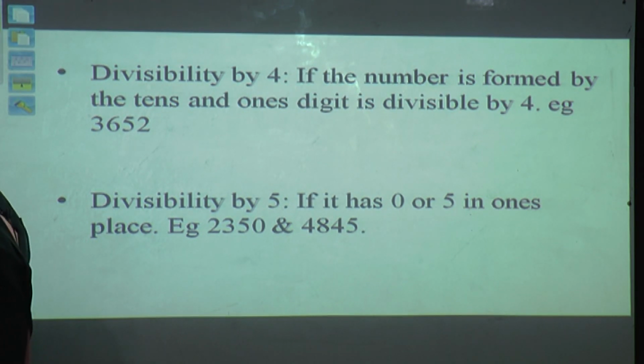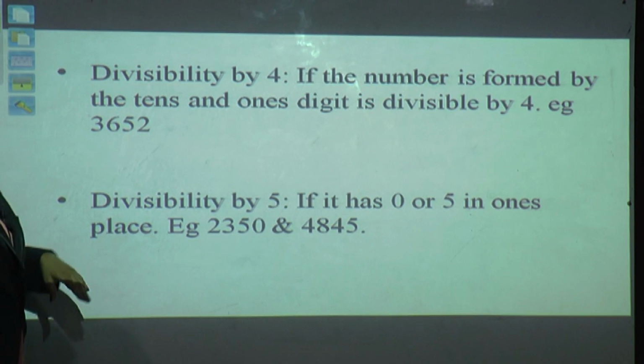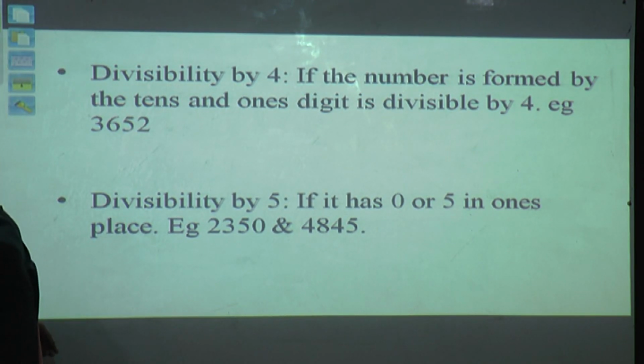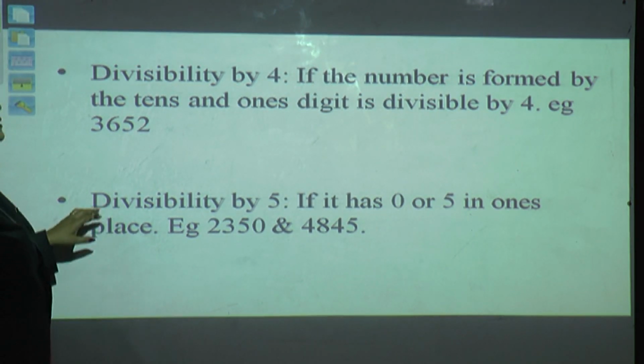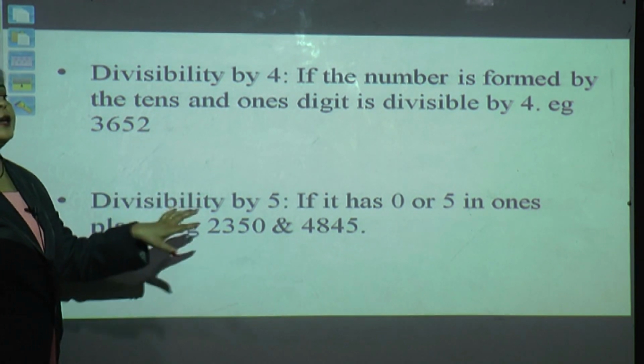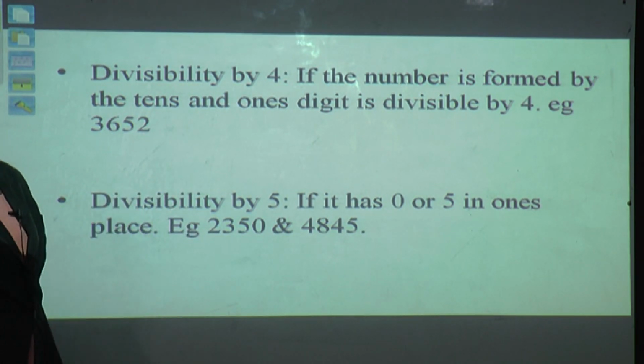You might be thinking what meaning the sentence gives. In short, I will say, if the last two digit number is practically divided by 4, giving a remainder of 0, then that number is divisible by 4.